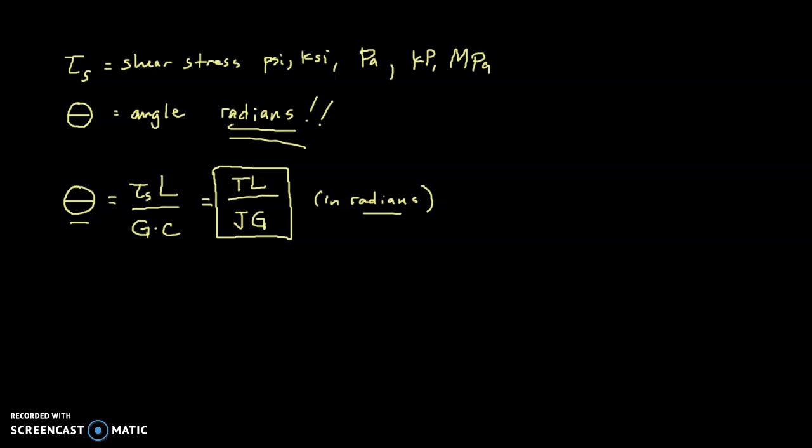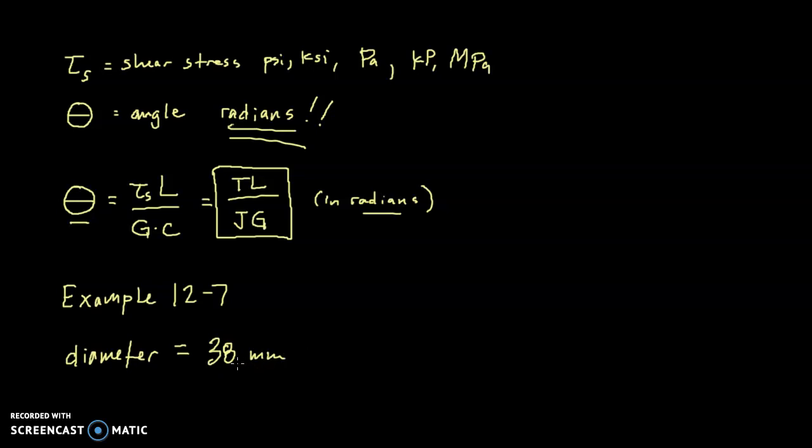So let's take a look at an example, like example 12.7. In this example, we have a 38 millimeter diameter. So our diameter is equal to 38 millimeters. Now, when I work with metric units, I like to take everything to the base unit.